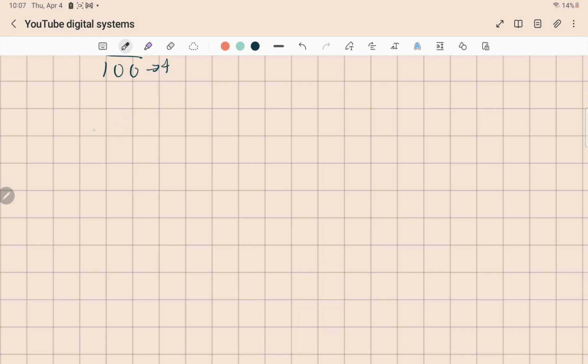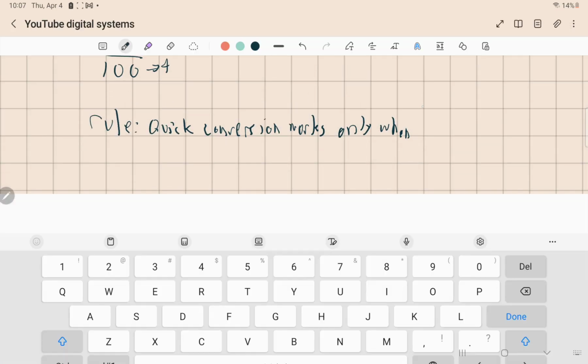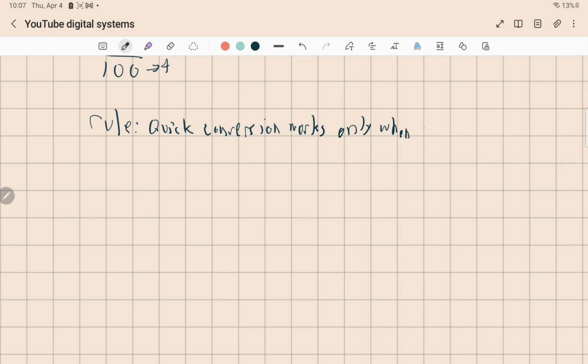So for this rule, quick conversion works only when the bases are powers of each other, like 2 and 16, because 16 is a power of 2.